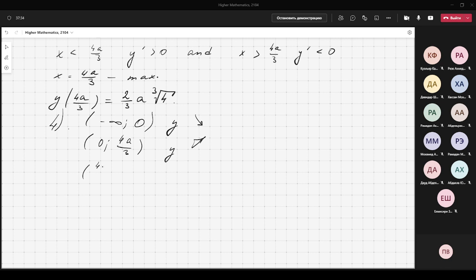From 4a over 3 to plus infinity, the function decreases.